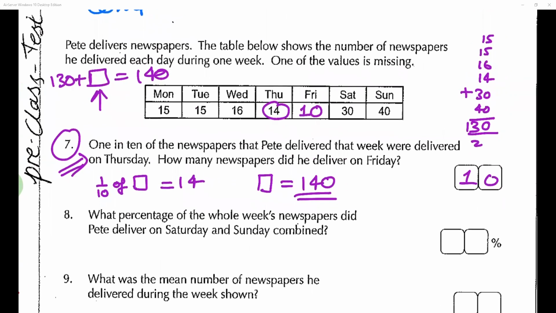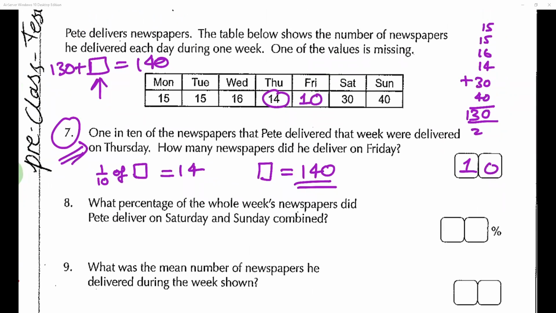Do number 8 for me. What percentage of the whole week's newspapers did Pete deliver on Saturday and Sunday combined? So Pete delivered 30 and 40 on Saturday and Sunday combined would be 70, and then 70 out of how many? 70 out of 140.